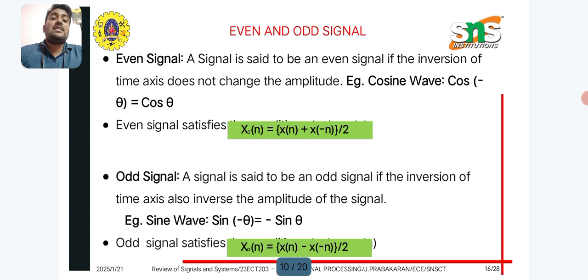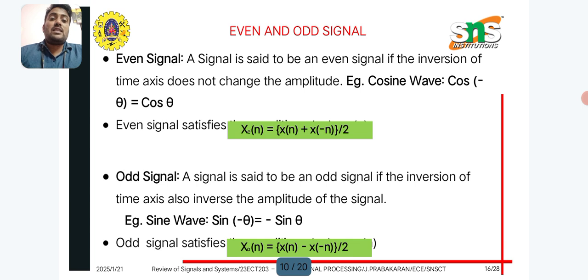A signal is said to be even if inversion of the time axis does not change the amplitude. A good example is the cosine signal. The even part is x even of n equal to x of n plus x of minus n, divided by 2. An odd signal is one where inversion of the time axis also inverts the amplitude.